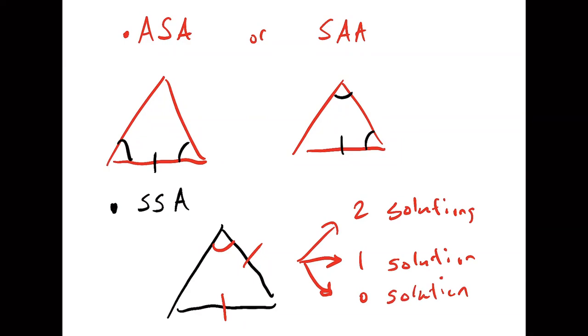Something we'll see today is that whenever we're applying the law of cosines, you're either going to have one solution or zero solutions. So it's a little bit easier in that sense.